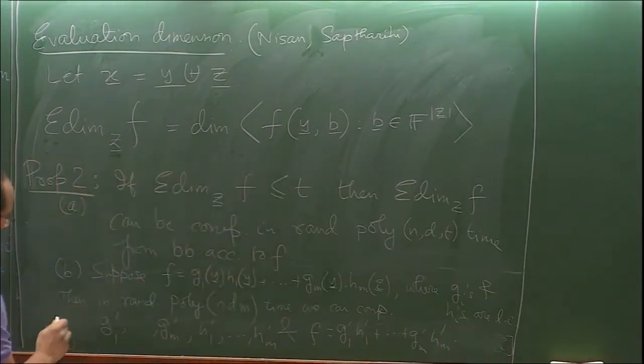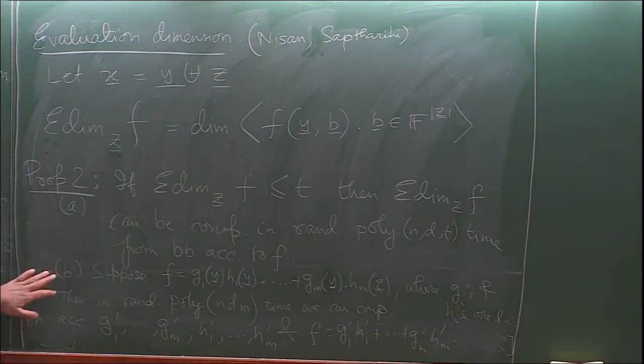We can compute black box access to such, yeah, and again from black box access to f, right? And it follows from the argument so far.